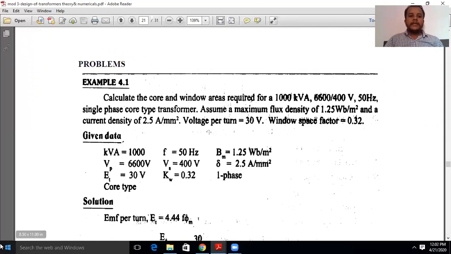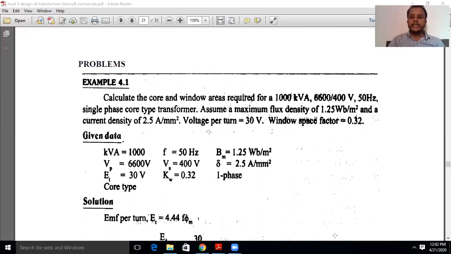So here the kVA is 1000, F is given, that is 50 hertz, Bm is 1.25 Weber per meter square, then Vp 6600 volt, Vs, delta, Et, Kw, and the type of the transformer.